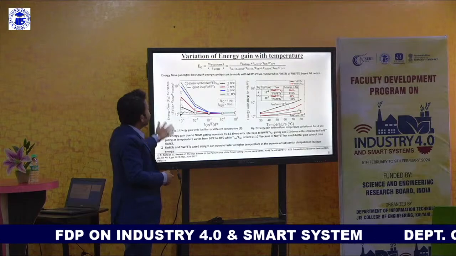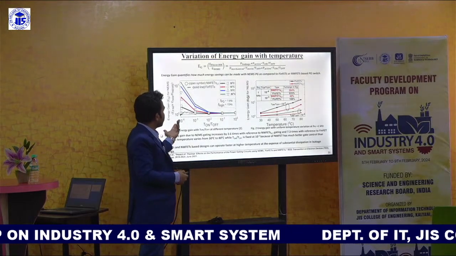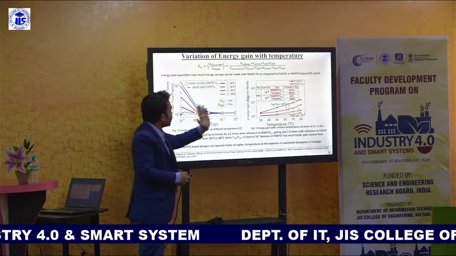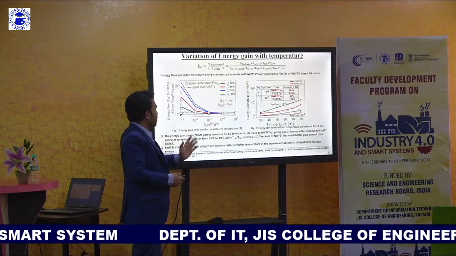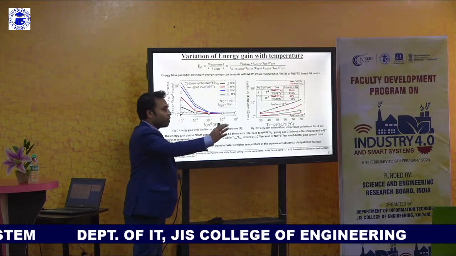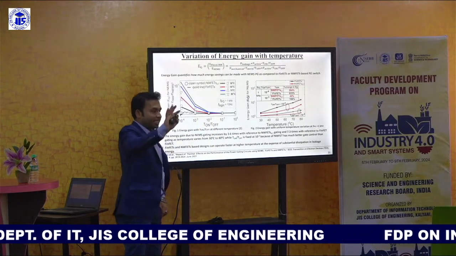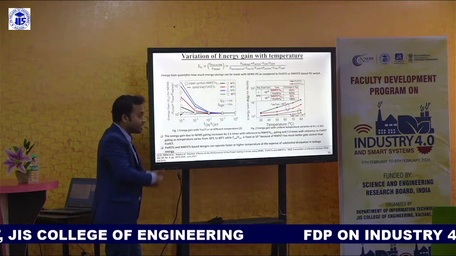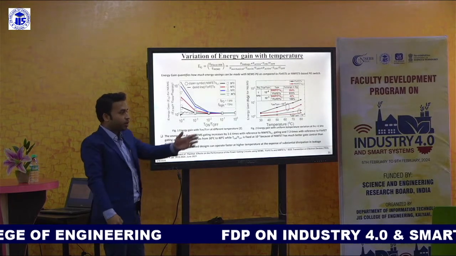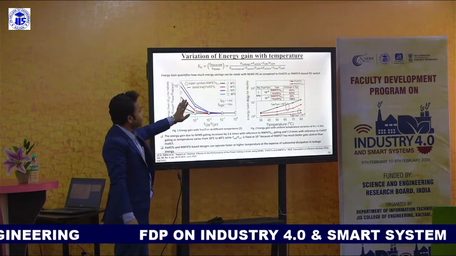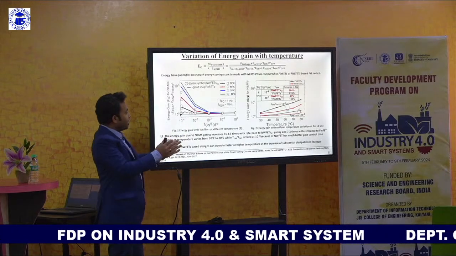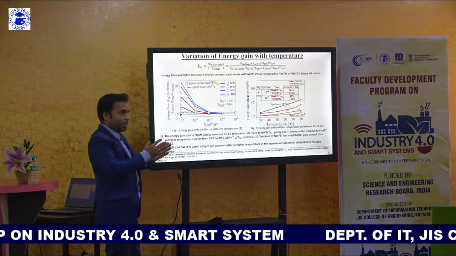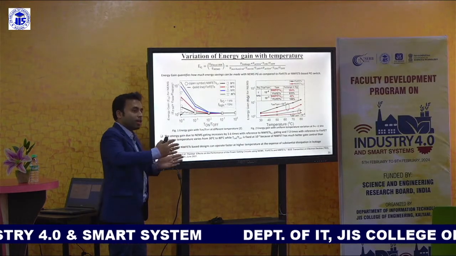So that is the same thing. Energy gain is what I am showing. Suppose you are talking with your friend for 5 to 10 minutes. At that time there is no difference with the existing CMOS in your phone. But the main difference appears when you are talking for 2 or 3 hours.